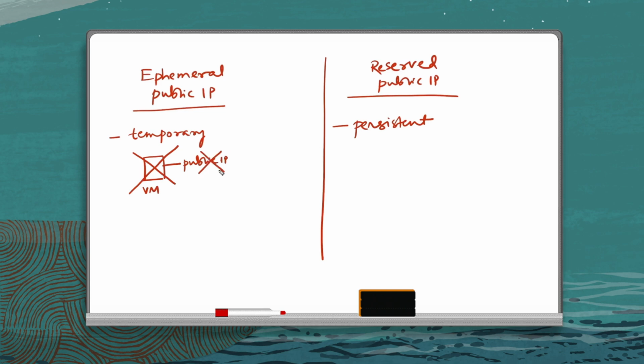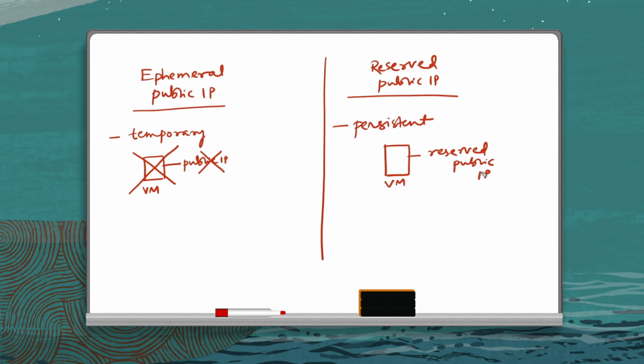So what it also means is that this ephemeral public IP address exists for the lifetime of the instance. Whereas in case of a reserved public IP, let's say this VM instance is now associated with a reserved public IP.